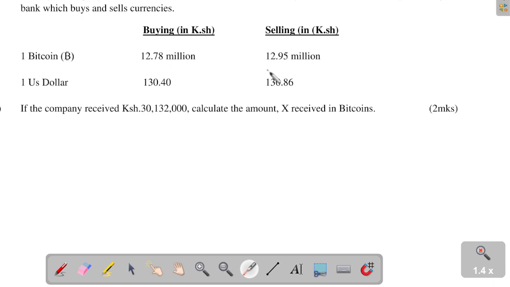So we shall write and say that 1 Bitcoin, this is a 1B, is being bought at 12.78 million Kenyan shillings. But now, after converting, the person had 30,132,000.